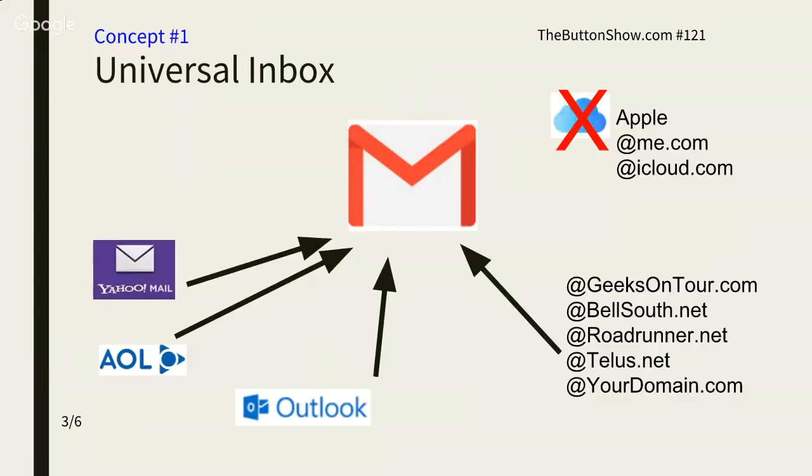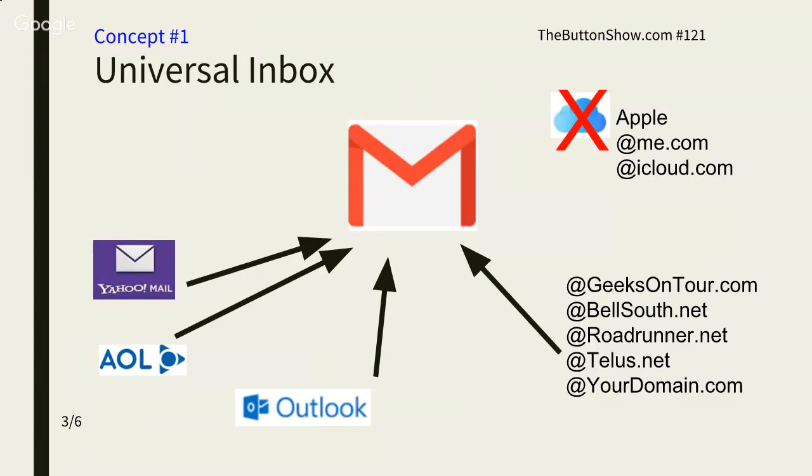And for Gmail to go fetch it, it has to have a POP3. At least that's what I seem to have figured out. POP3 versus IMAP is definitely beyond what I want to teach. So, if you depend on your Apple-based email, then this Gmail universal inbox thing isn't going to work for you. Unless somebody else can figure it out. I couldn't get it to work.